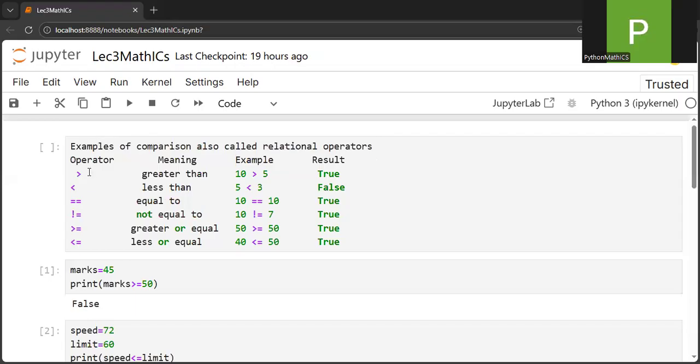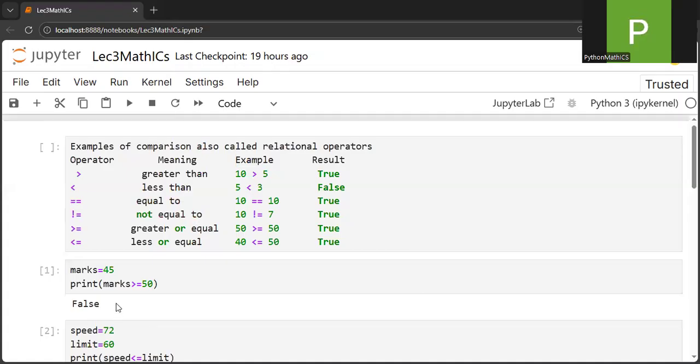You understand these symbols: greater than, less than, equal to. Keep in mind that to compare for equality, we need to write the double equal sign. We also learned these operators do not give numbers. They just give us the value either true or false, as shown here.